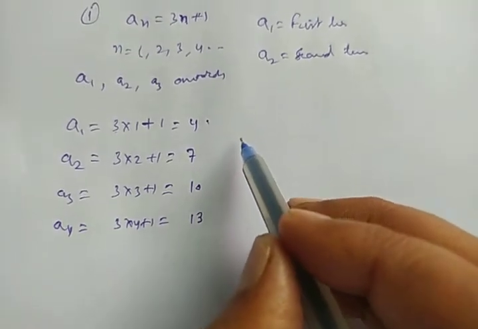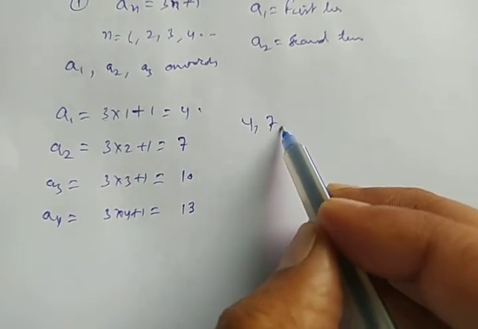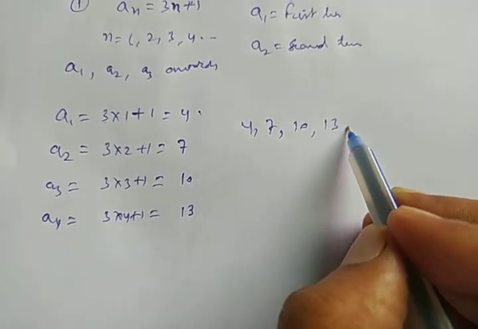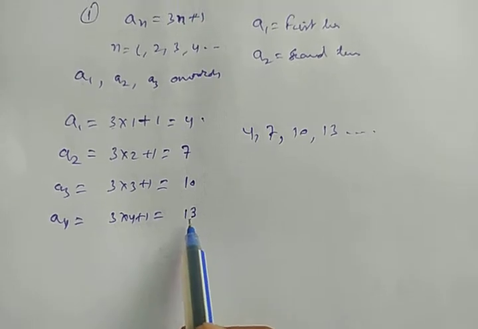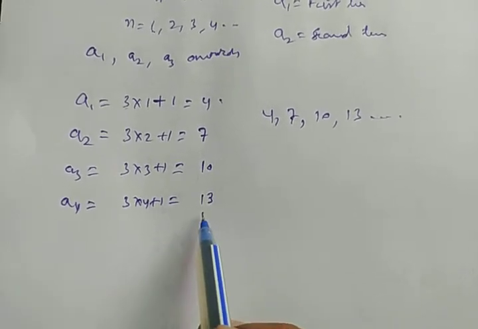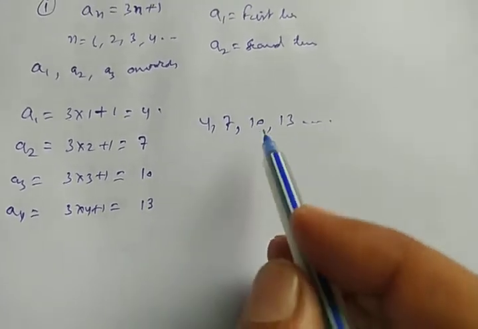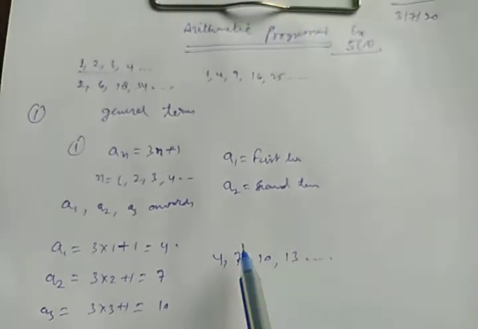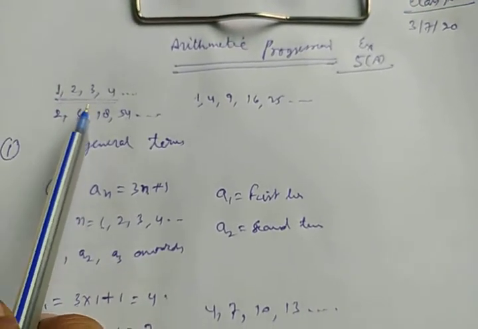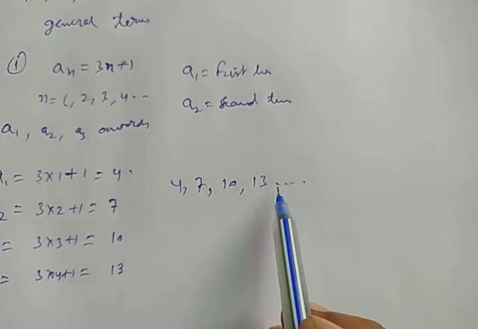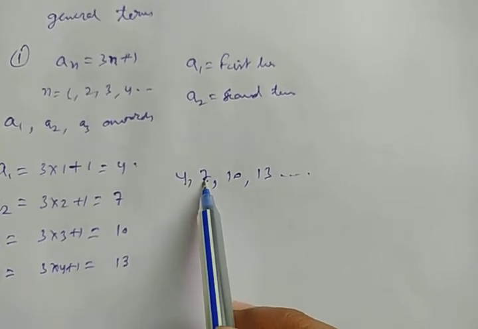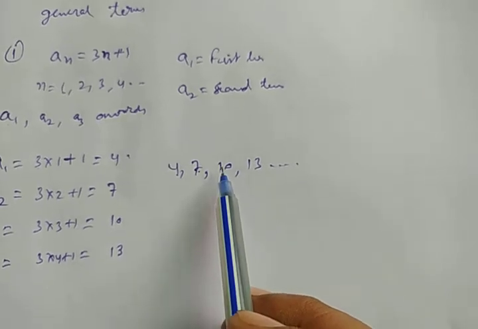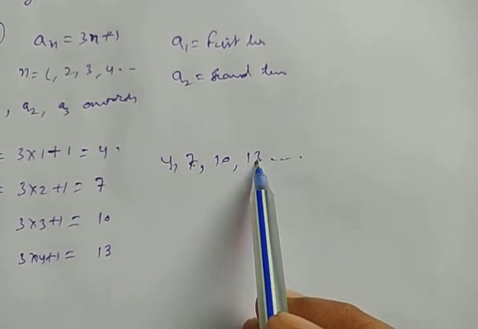It means if you write the terms like 4, 7, 10, 13 onwards, a lot of terms you can calculate, not only 4, but the question is asking for 4, that's why you are calculating only 4. Observe the pattern. As I gave the example in the beginning, the same thing is being followed. 7 is obtained by adding 3, 4 plus 3 is 7, 7 plus 3 is 10, 10 plus 3 is 13.